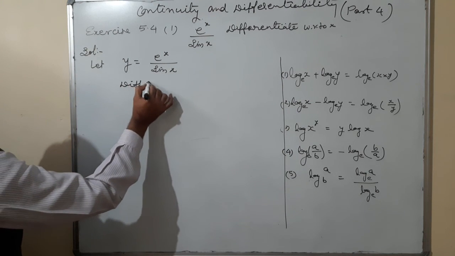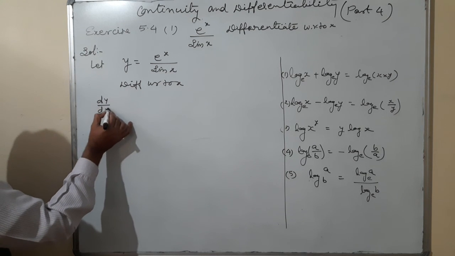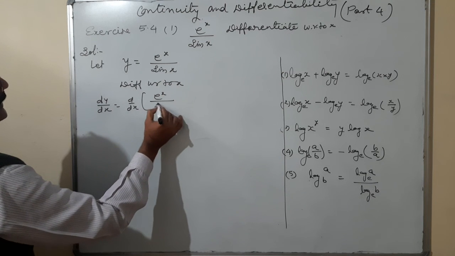Differentiate with respect to x. dy by dx is equal to d by dx of e to the power x upon sine x.